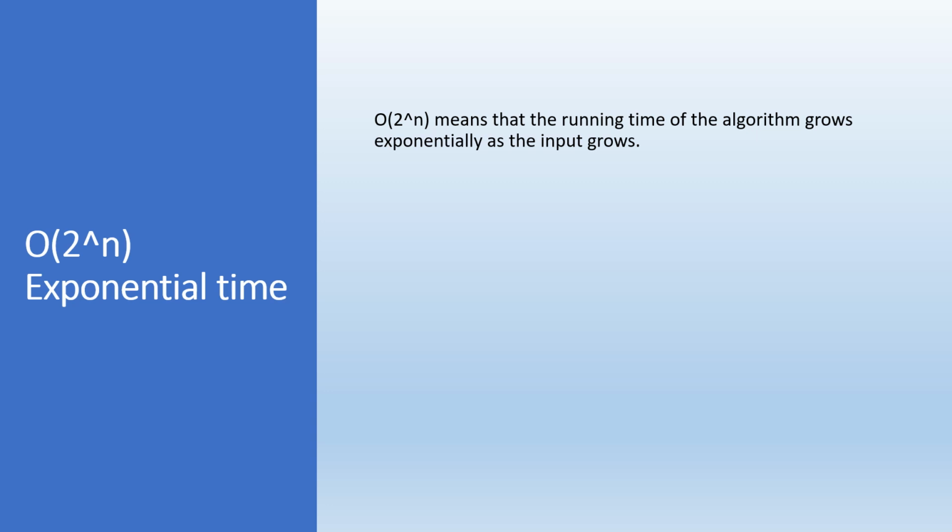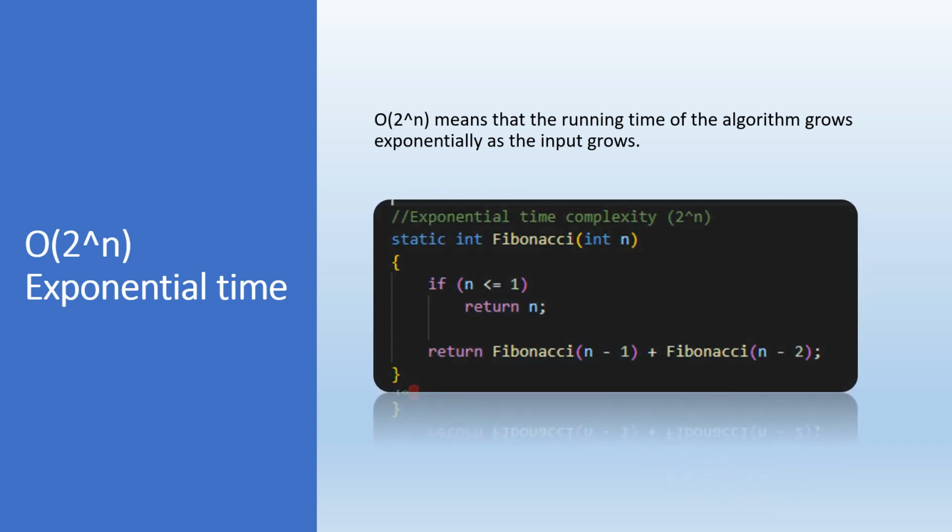Now let's look at the next one, which is exponential time. What does it mean? The running time of the algorithm grows exponentially as your input grows. This is very bad in terms of performance, and if you find that your big O is O of 2 raised to n, then you should refactor your code to make it more optimal. Let's take an example.